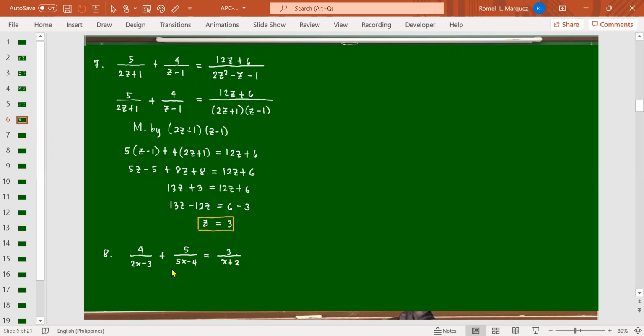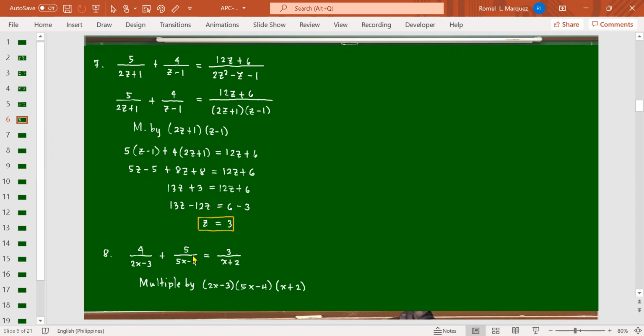So what is the LCD of the fractions involved? 2x minus 3, 5x minus 4, x plus 2. Right, guys?